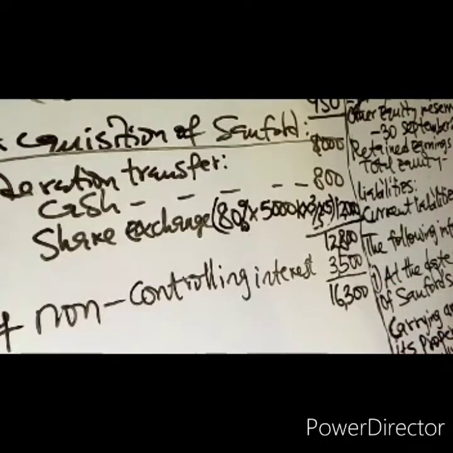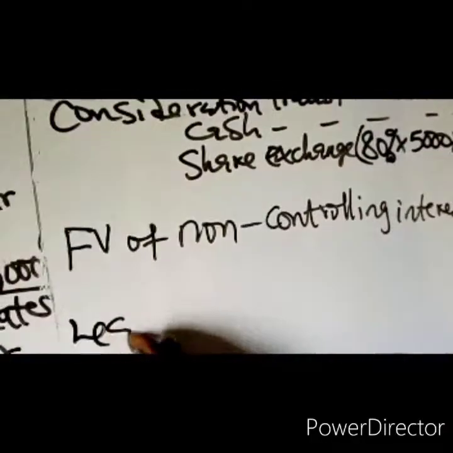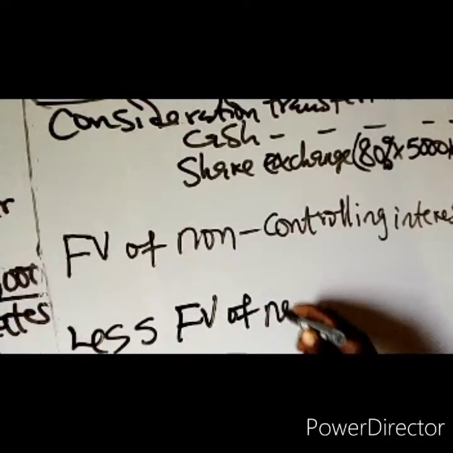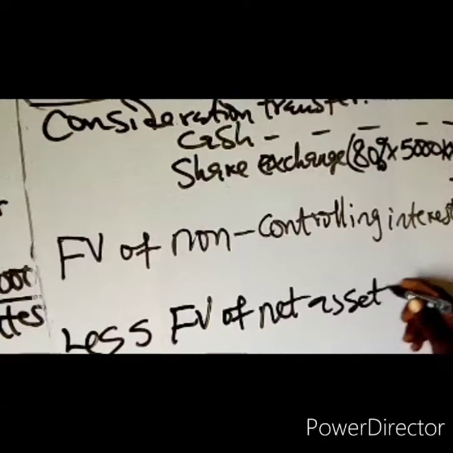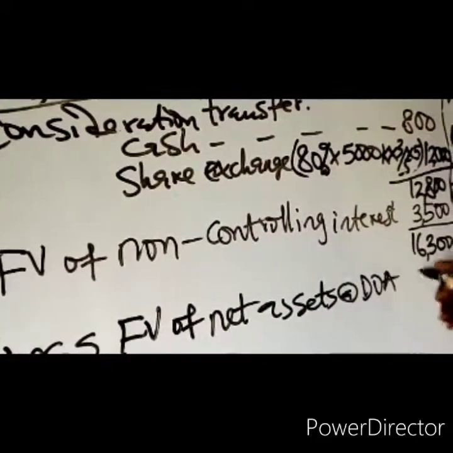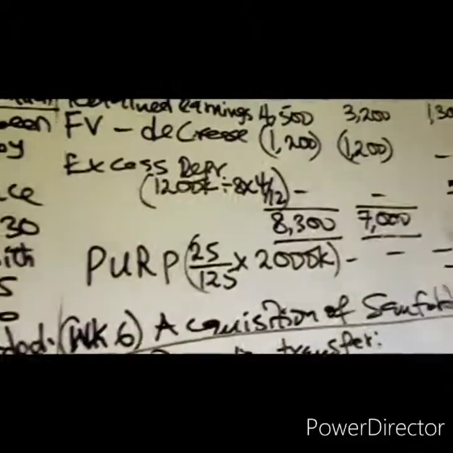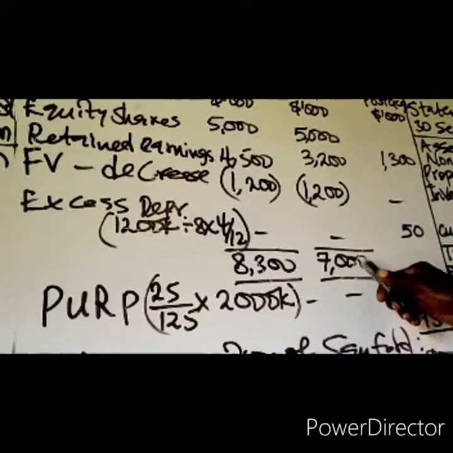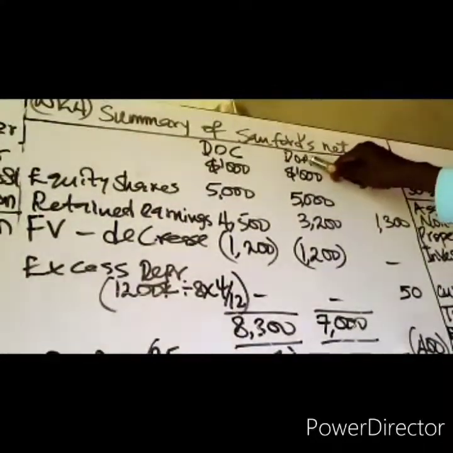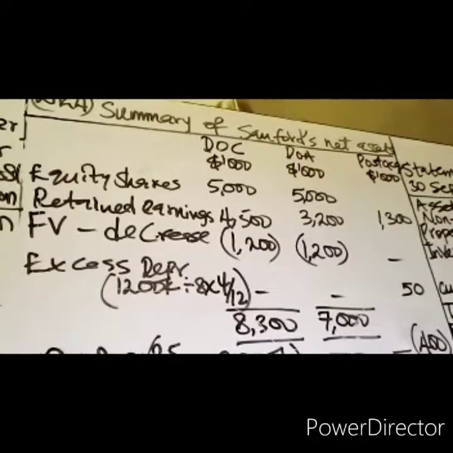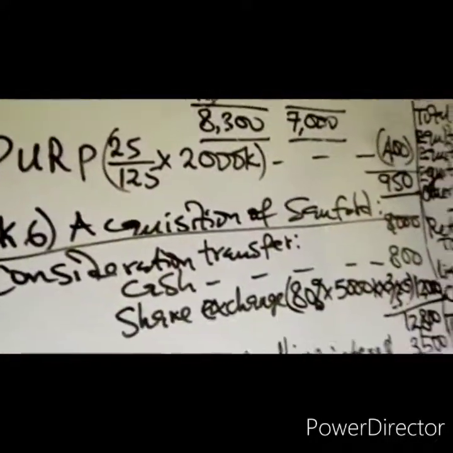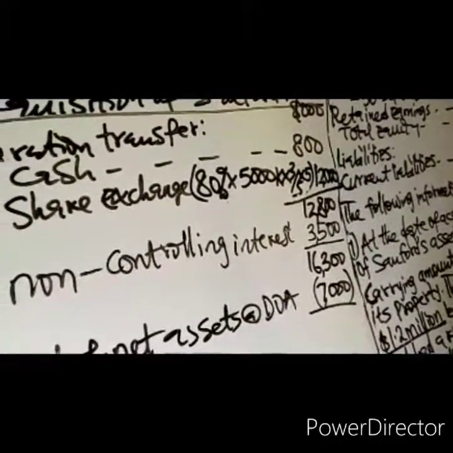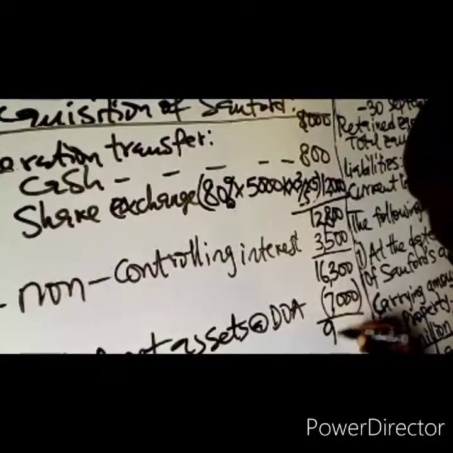Then you now less the fair value of net assets at the date of acquisition, and that is given to be $7 million. So if you less the $7 million from 16.3, then you have $9.3 million.